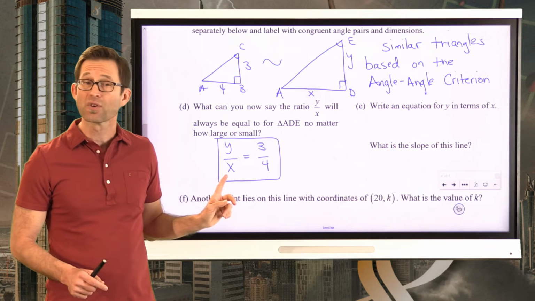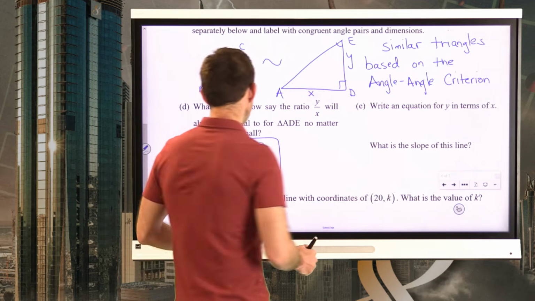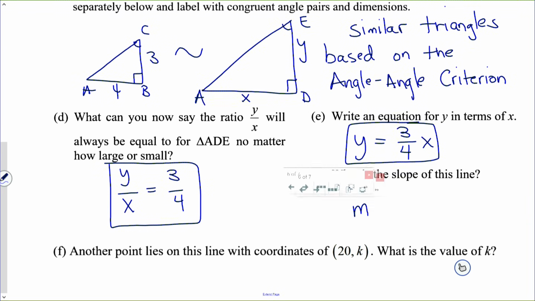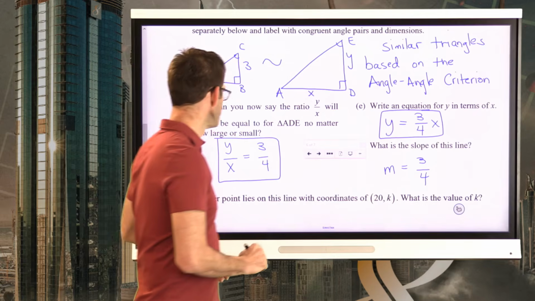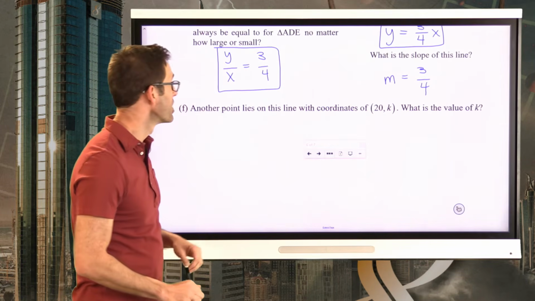I can now take this equation, which is something that we've been kind of working with lately, and I can multiply both sides by x. So y will be 3/4 times x. With the slope, I'm going to use the letter m right now, being 3/4. Right? Oh, I got to extend the page there.